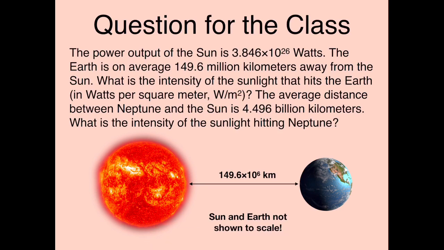Now, as a follow-up, the average distance between the planet Neptune and the sun is 4.496 billion kilometers. So in that case, what is the intensity of the sunlight hitting the planet Neptune? So pause the video, try to work this out, and of course, we're going to be using the inverse square law. So let's see what you get. Come back to the video after you work this out.